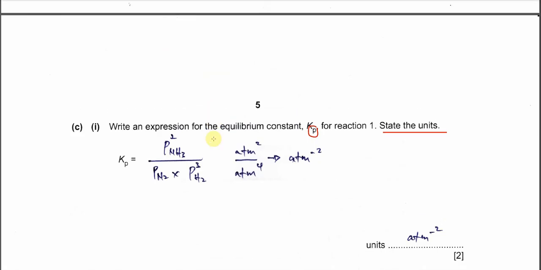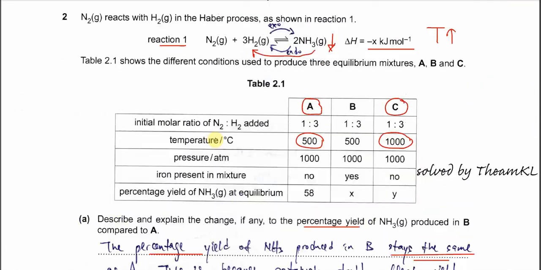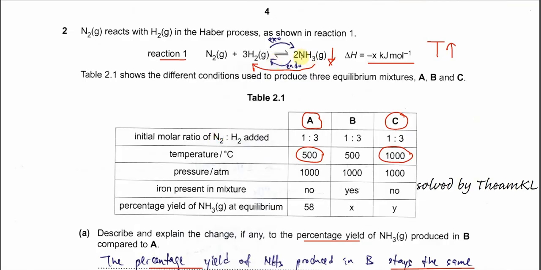If you want to refer to the equation, yes, you can. The power follows the coefficient of the reactants and products. Because ammonia's coefficient is 2, it's squared.